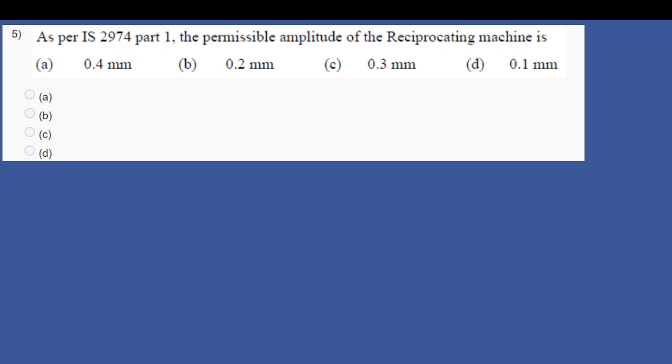Option B, sir. Yeah, how much are you getting? 0.2 mm. Yeah. So the correct answer is 0.2 mm.